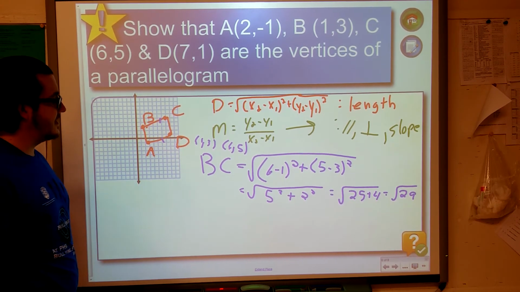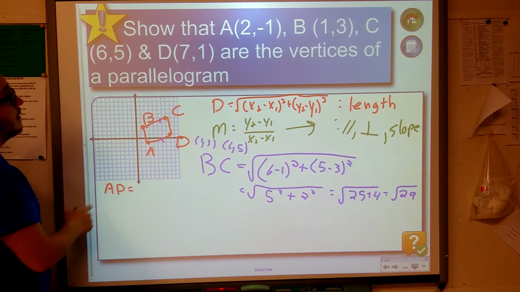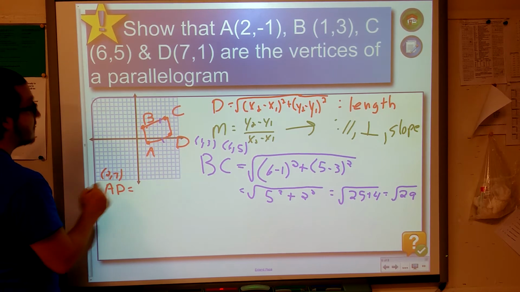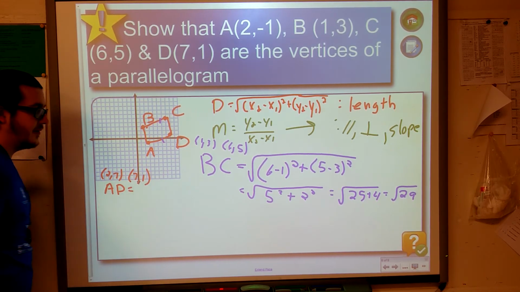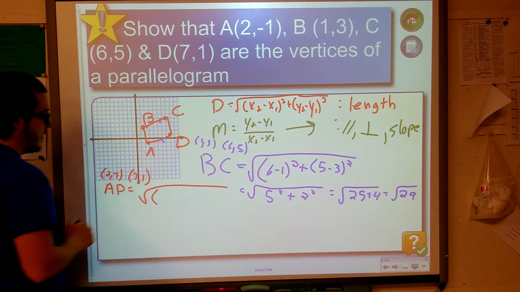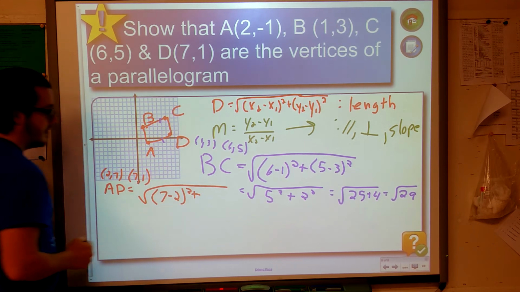Let's find our distance of AD. A being (2, -1) and D being (7, 1). Let's see if our distance ends up being the same. So we set up our x's, 7 and 2: 7 minus 2, squared.